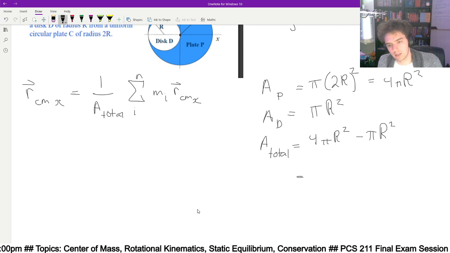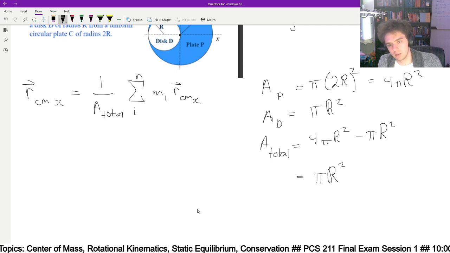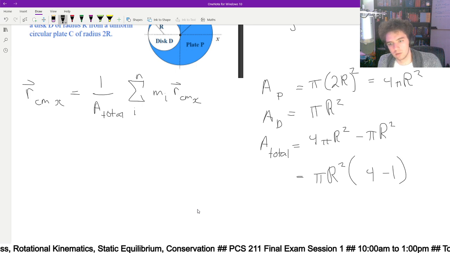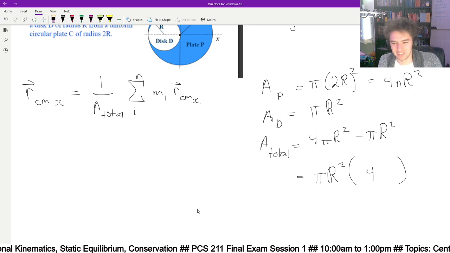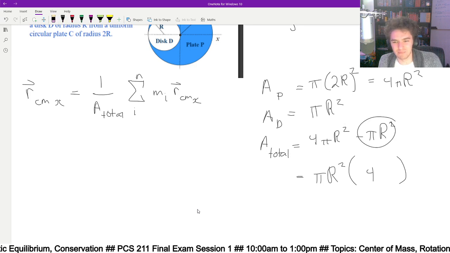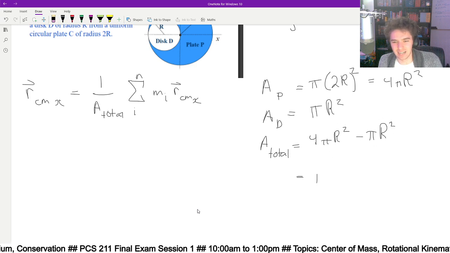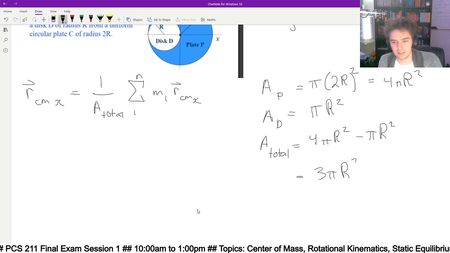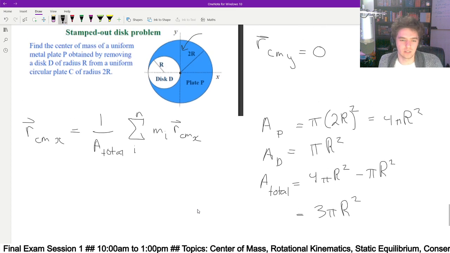Right? If I factor out the pi r squared, it's going to be 4 minus 1. Oh, actually, I could have just combined them. What am I talking about? Sorry, my brain was not telling me that these were the same variables here. So yes, never mind. It's just 4 minus 1, so it's 3 pi r squared. That's all it is.